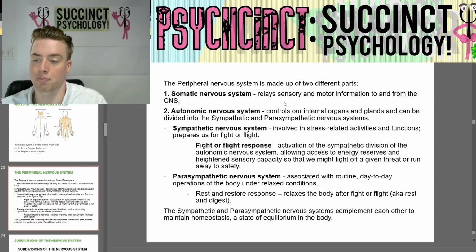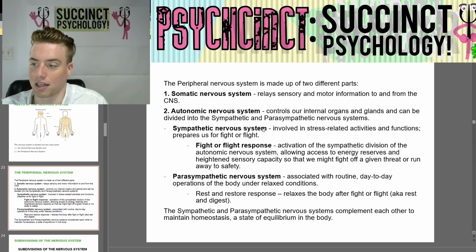The sympathetic nervous system is involved in stress-related activities and functions, and it prepares us for fight or flight. I'm sure you've heard of the fight or flight response, but to give you a definition, it is an activation of the sympathetic division of the autonomic nervous system, allowing access to energy reserves and heightened sensory capacity so that we may fight off a given threat or run away to safety.